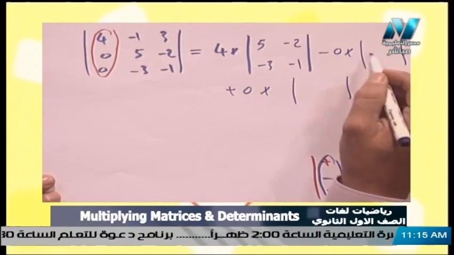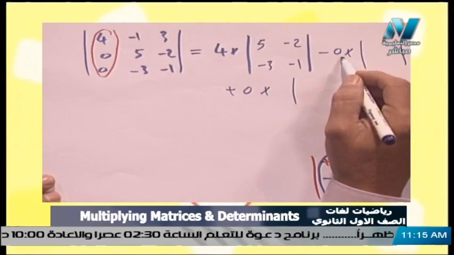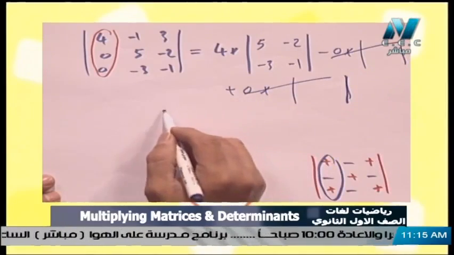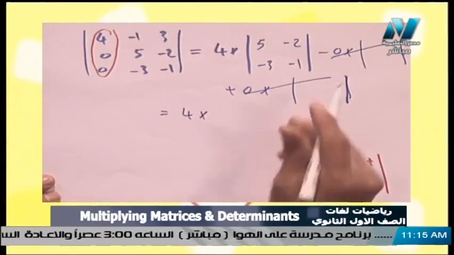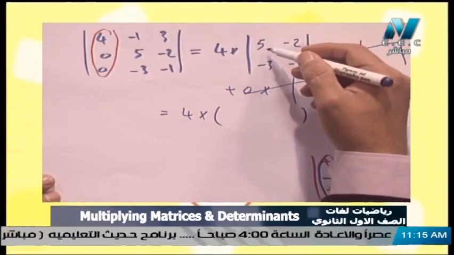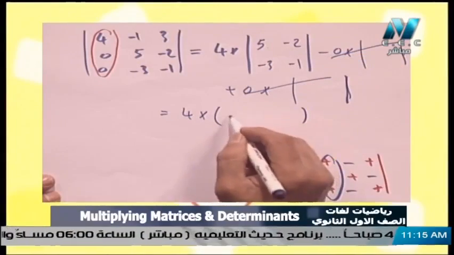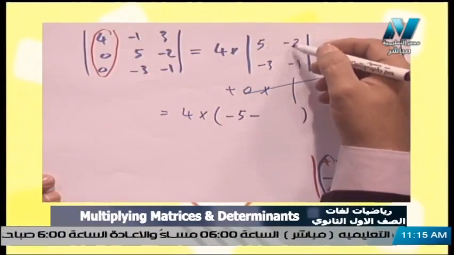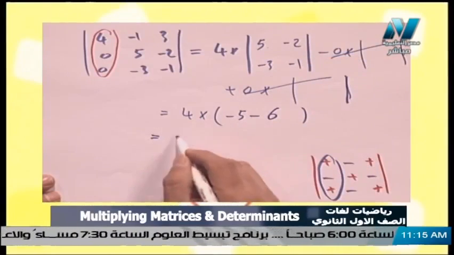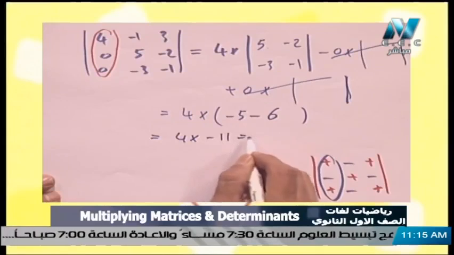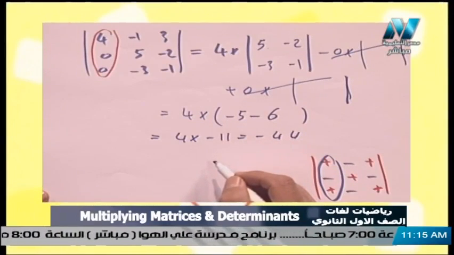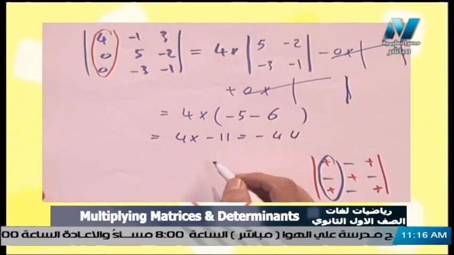If we write them and find them multiplied by 0, it will be 0, so we can cancel this part. The final answer will be 4 times the value of this determinant. Now the value of this determinant is 5 times -1 equals -5, minus -2 times -3 equals 6, so -11. So 4 times -11 equals -44. So the final answer will be -44.